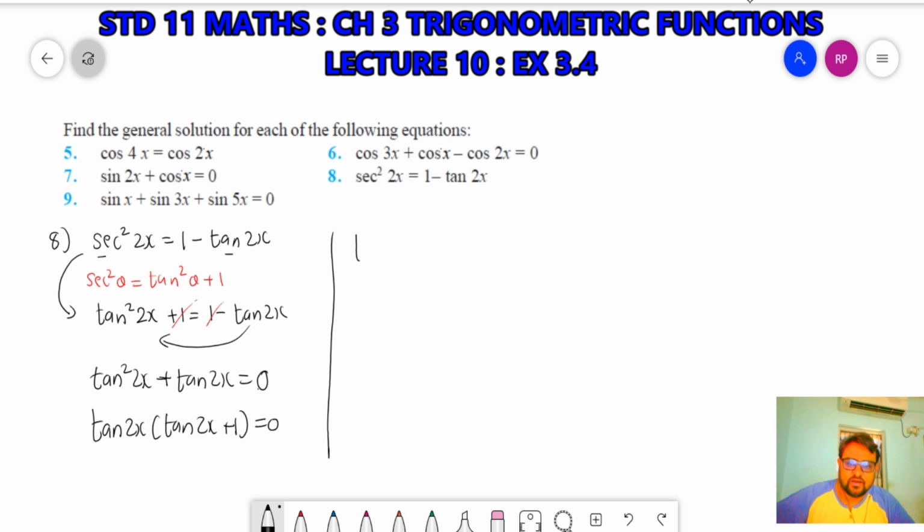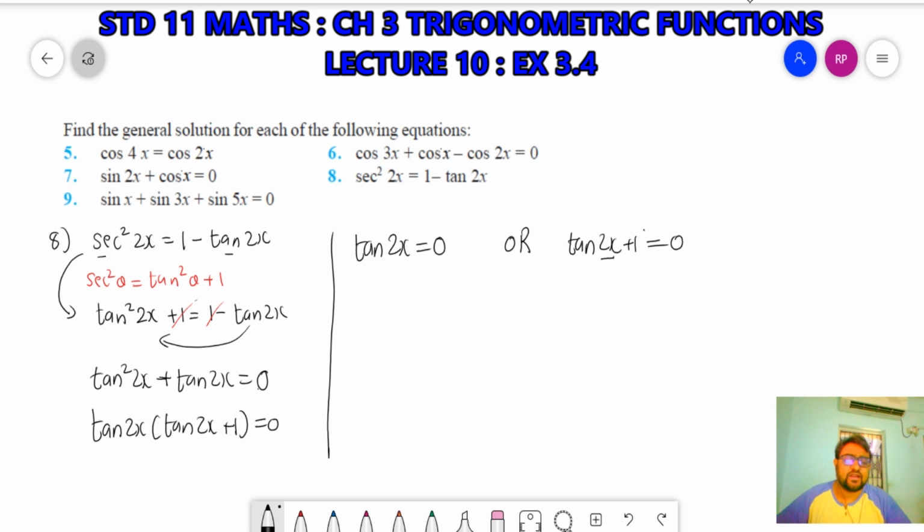So either tan 2x is equal to 0 or tan 2x plus 1 is equal to 0. See here the angle is only 2x. It's not tan of 2x plus 1. It's tan of 2x, plus 1.